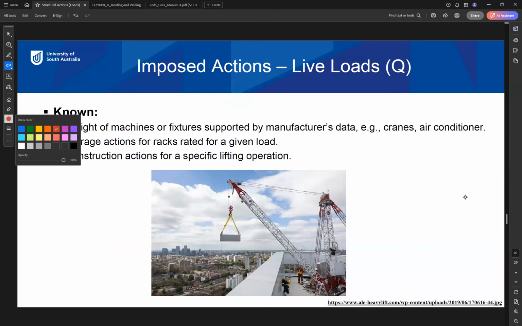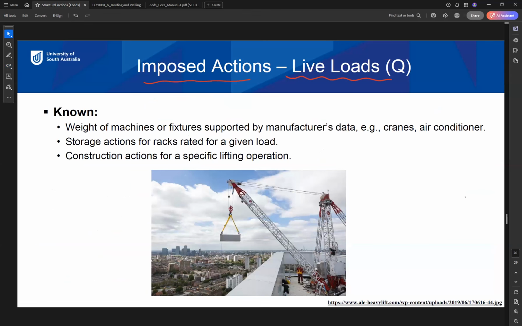For the imposed action or the live loads, Q, some of the live loads we can know their values, like the weight of machines or fixtures supported by manufacturers' data, like cranes and air conditioners and so on. So again, similar to the material dead load, the manufacturer's data give us exact values for some of the fixtures' weight or machine's weight.